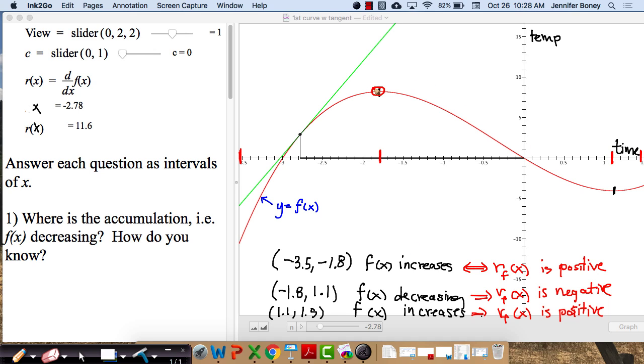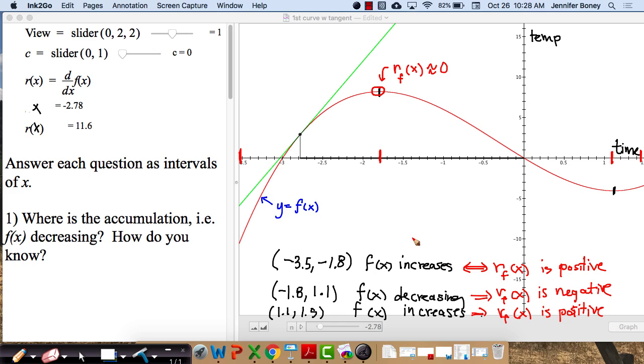But the smaller my moments get to wherever the peak of this hill is, and I just estimated it's at negative 1.8, the closer the rates become in that area to being essentially 0. So r sub f of x, when x is about negative 1.8, is approximately 0. So it's going from increasing, but increasing very slowly, to decreasing, but decreasing very slowly.